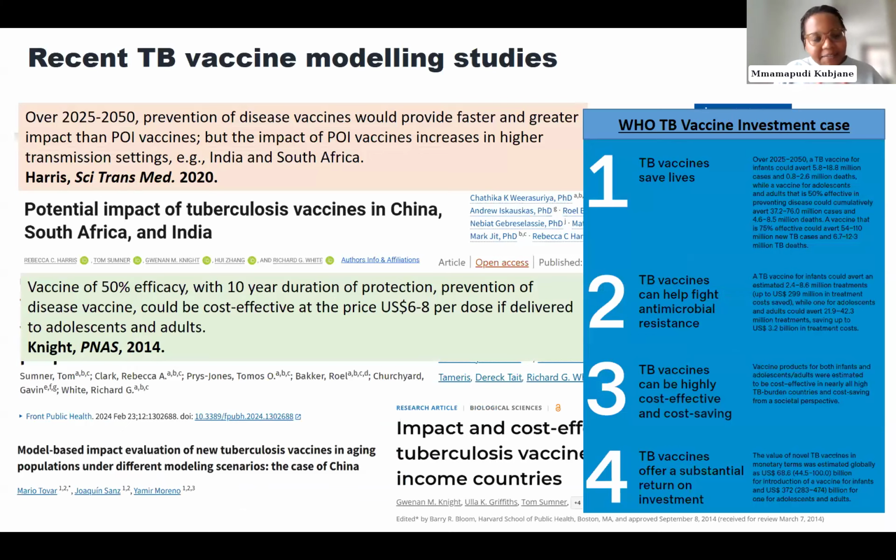A vaccine that is about 50% effective could lead to reducing TB incidence and mortality substantially.